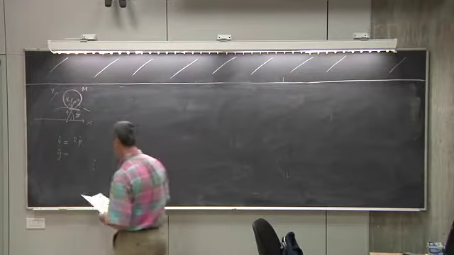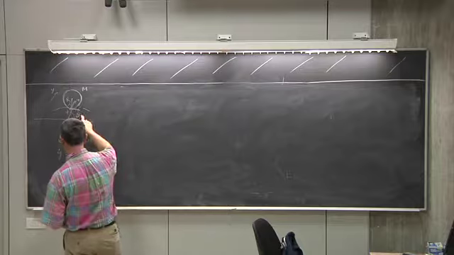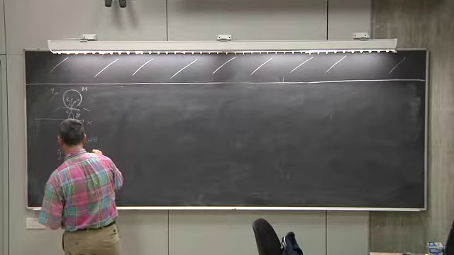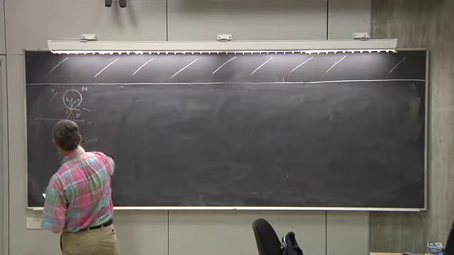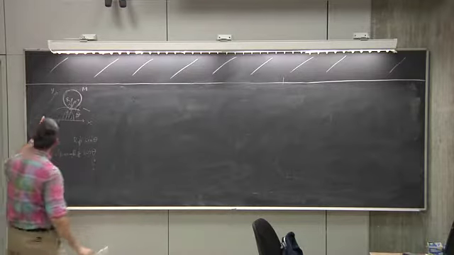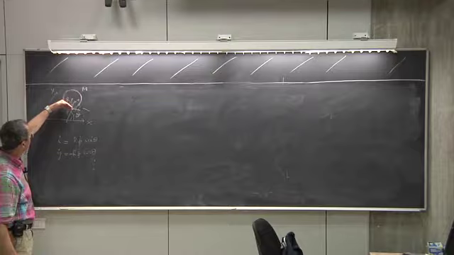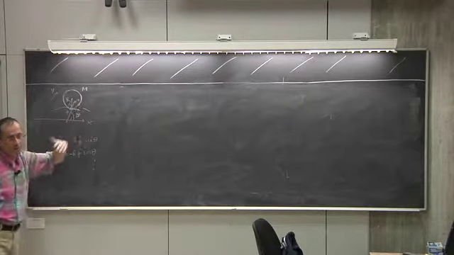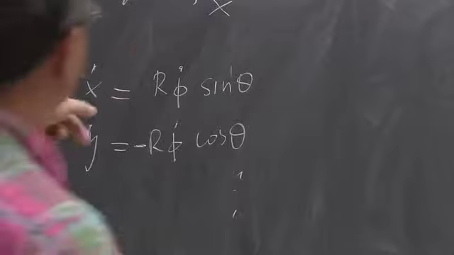So I project out these two components: for x, the sine of this theta, and for the other one, the cosine. Let me put a minus here because, say it's pointing this way, so it goes to decreasing values of y if it's moving this way. But it depends how you start. So this is the constraint.